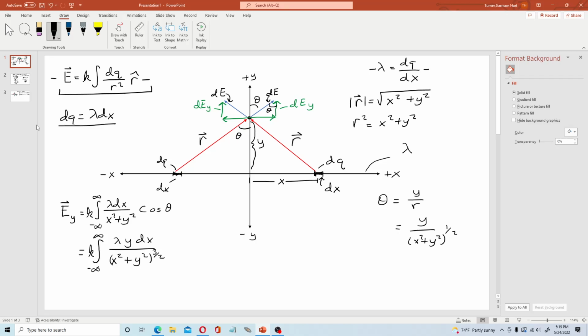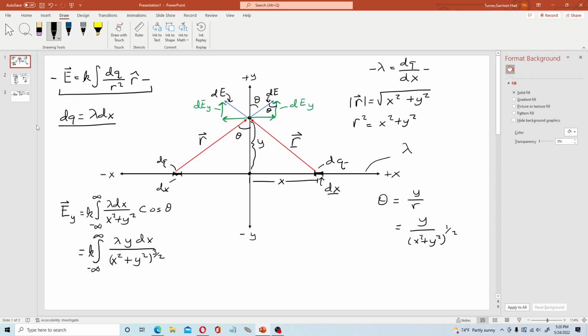And this chunk is going to have width dx, and it's going to have amount dq. And we're going to say that this is a distance x from the origin, which is right here. And so, with that in mind, remember that the vector that connects your source charge to your field point is denoted by this vector r.